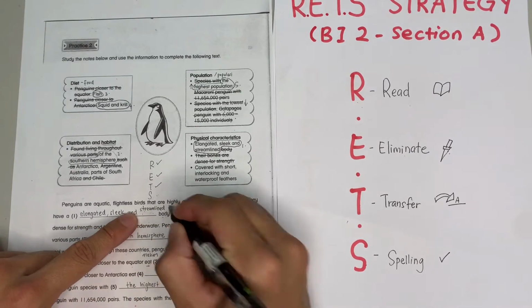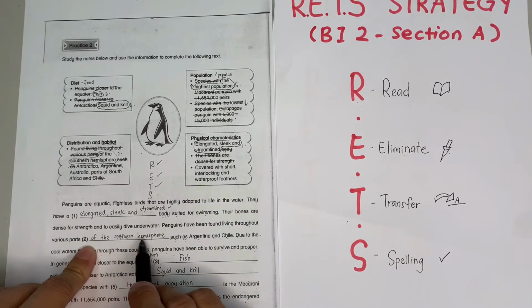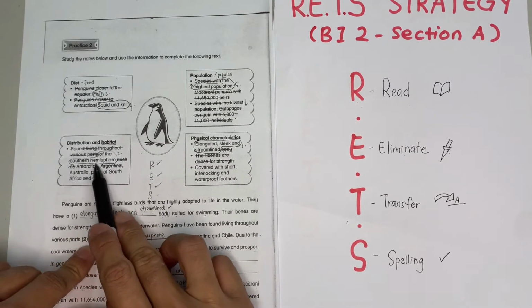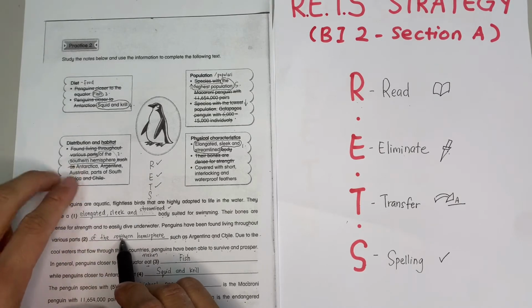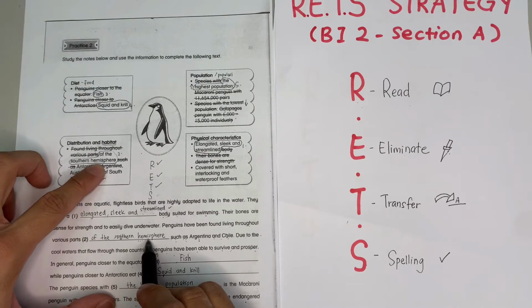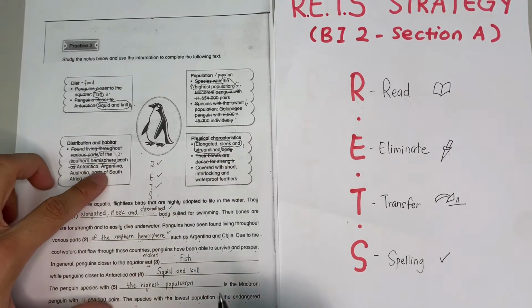Okay, give yourself a small tick. Next, of the southern hemisphere. How do you spell southern? SOUTHERN. Hemisphere, HEMISPHERE. Okay, you have done checking your spelling. You just give a small tick.